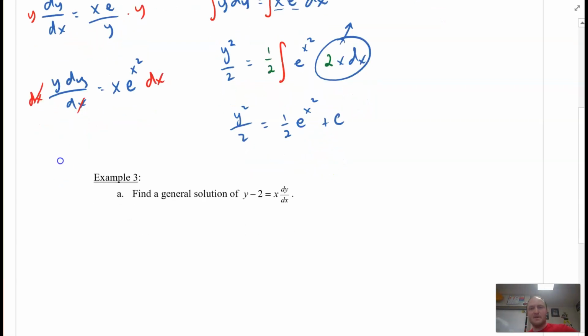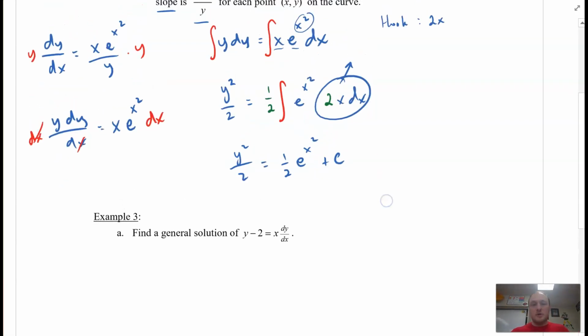plus c. All right. So note, I don't have this particularly solved just yet, right, for y. So what I'm going to go ahead and do is multiply both sides by 2. Right, I'll multiply this side by 2. And we get y squared is equal to e to the power of x squared plus 2 times c.